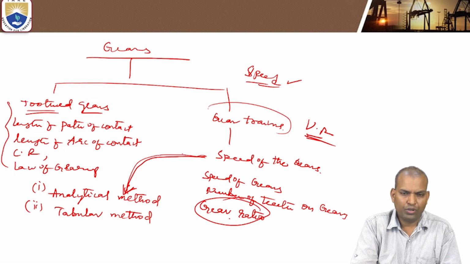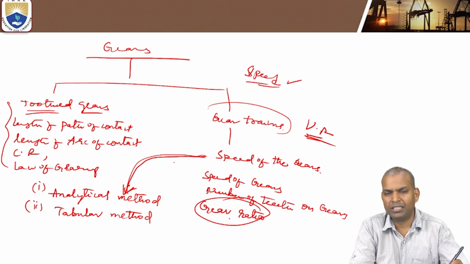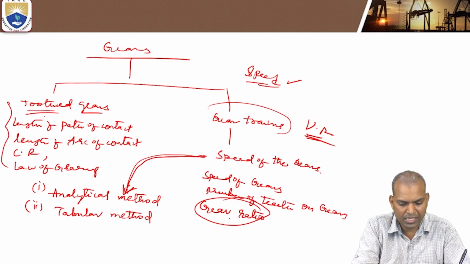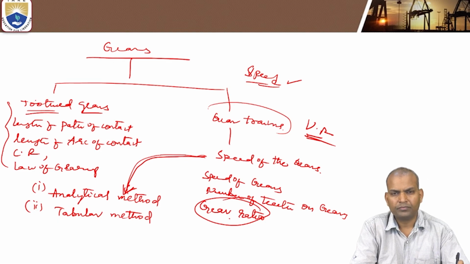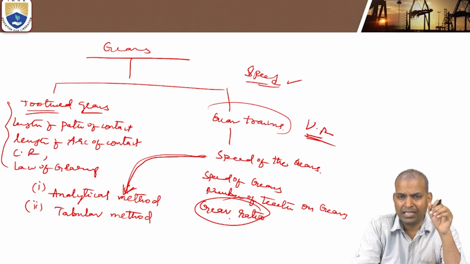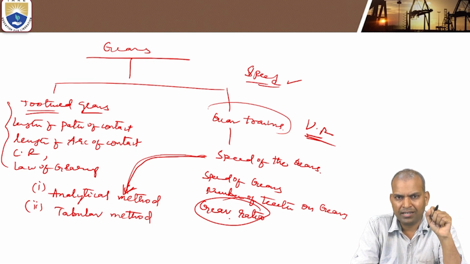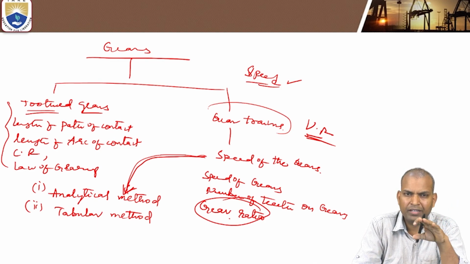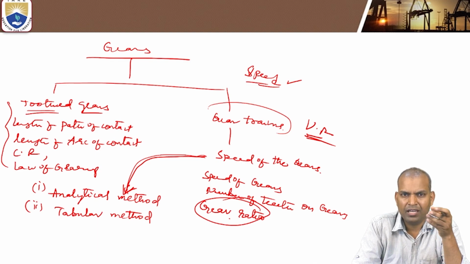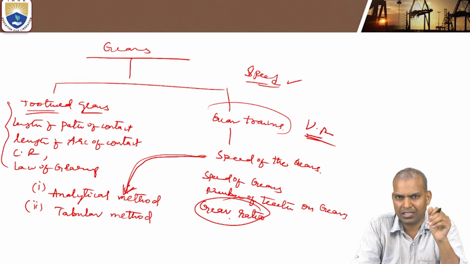In fabrication, the most important thing is that the gears are chosen based on the application. The requirement of the gears is at high speeds, direct contact power transmission is required, with more power and more torque, so we have to go for different types of gears. It is not like spur gears or rack and pinion are used everywhere. Wherever the application requires it, we have to select the type of gear.